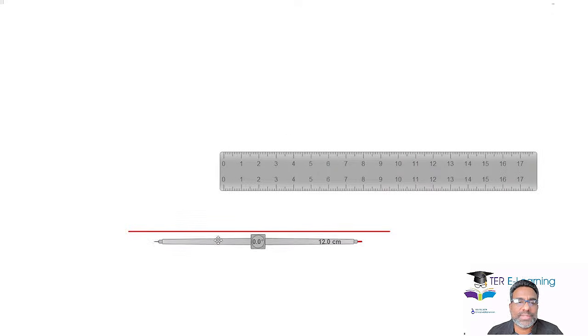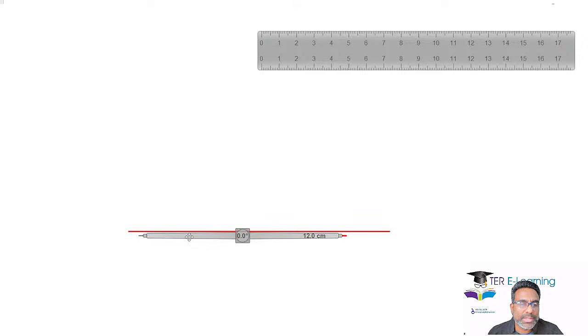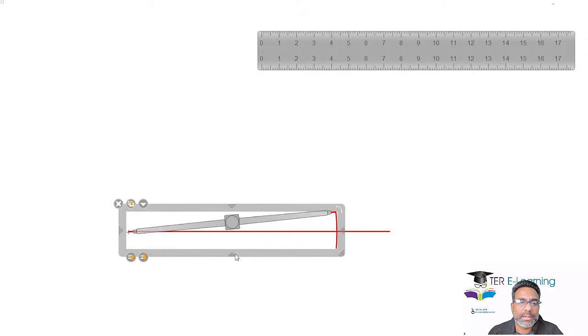So that's around 12 cm here. Now I'm just showing you the process. May not be accurate. So what I'm going to do, I'm going to draw an arc so that I know exactly where 12 cm is.